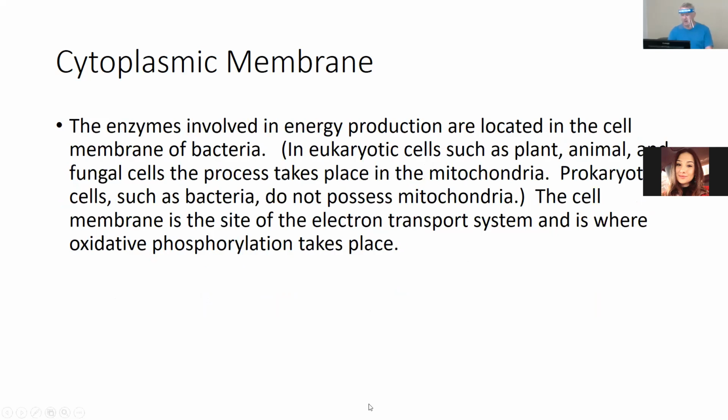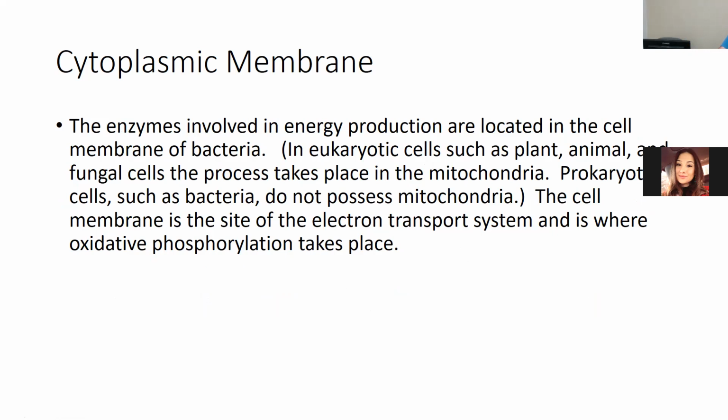The enzymes involved in energy production are also located in this membrane, and those that remember what we're about to get to, which is physiology, right? The electron transport mechanism that produces most of our ATP is located where? Anybody remember? We have glycolysis where we take sugar and break it apart into pyruvate, right?